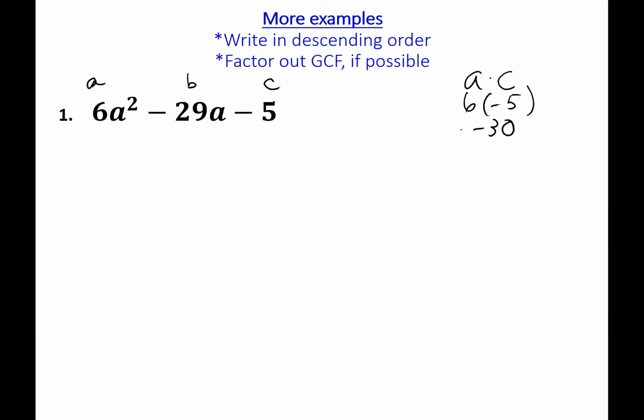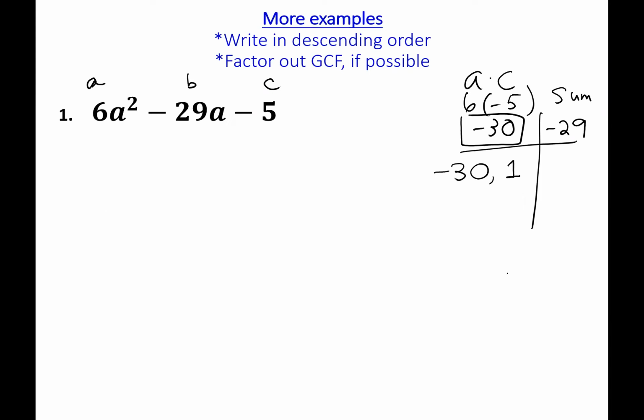So I need factors of -30 that have a sum of that middle number, which is -29. See how those numbers are so close to each other? They're literally 1 apart from each other. That's a clue that 1 is going to be one of our factors. So the factors of -30 that add up to -29 is just going to be -30 times 1.